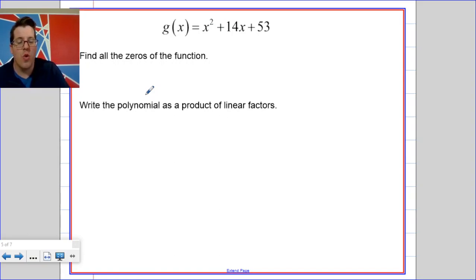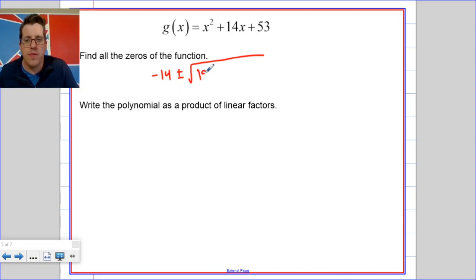But you always have a way to do this type of problem. Okay, so opposite b, plus or minus the square root of b squared minus 4 times a times c, all over 2a.